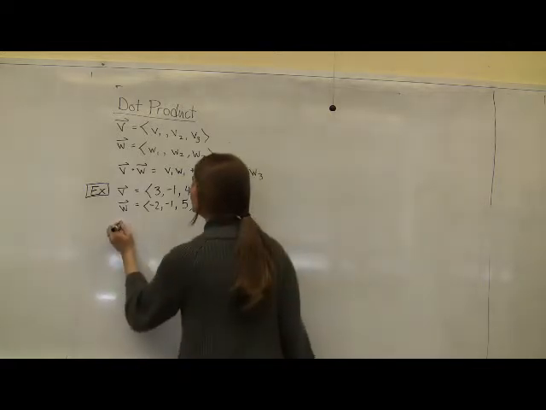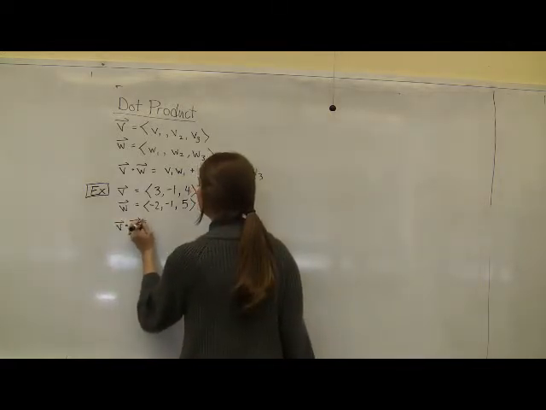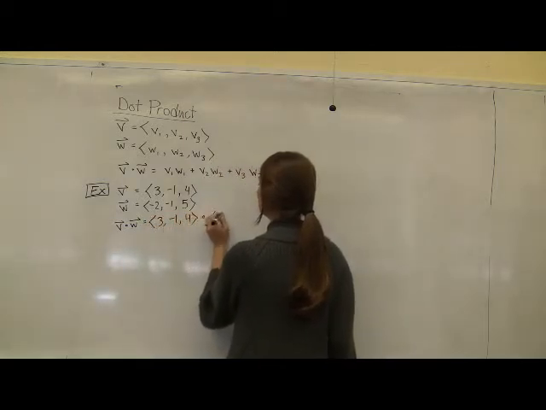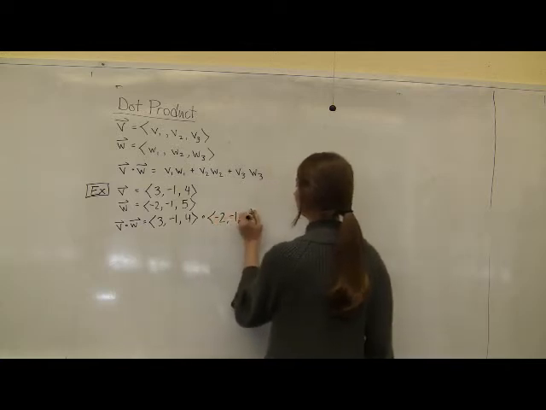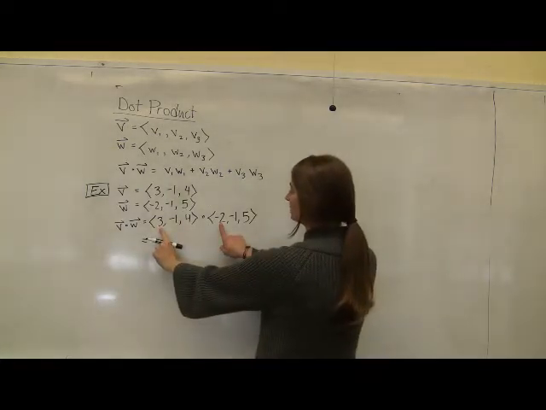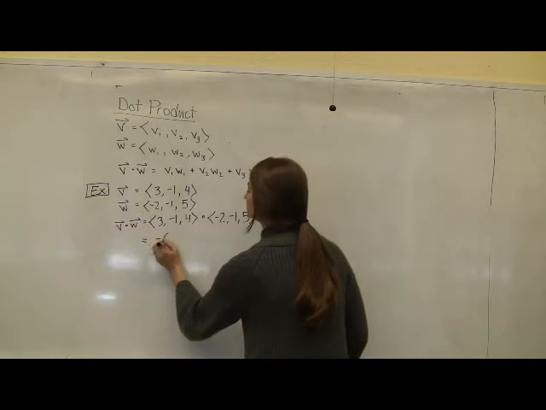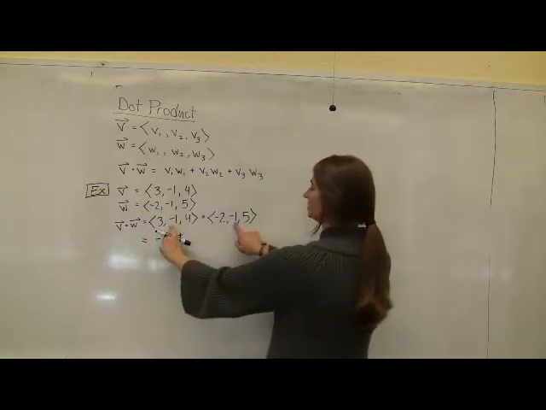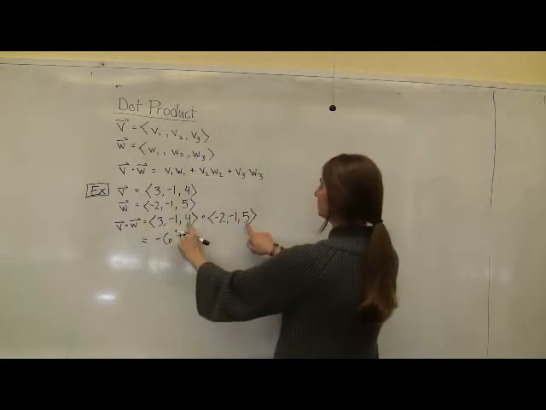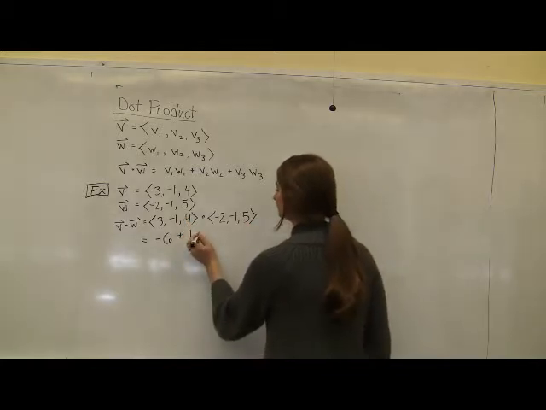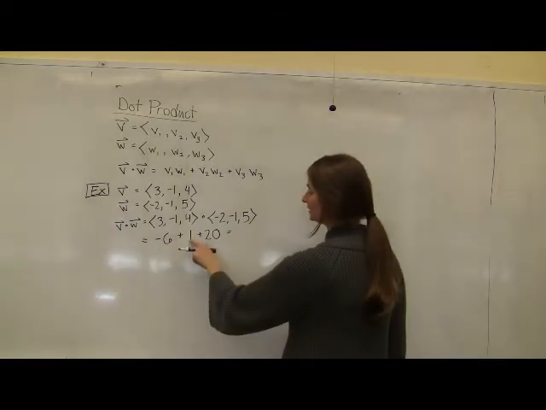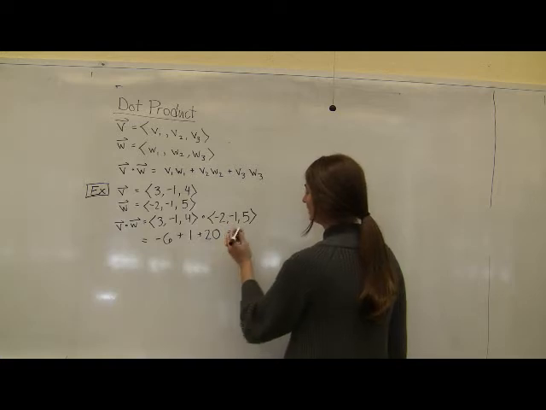Then when I take the dot product, v dotted with w, I can rewrite that as 3, -1, 4 dotted with -2, -1, 5, and I'm going to take the dot product, just as described above, by multiplying the first components together. 3 times -2 gives me -6. Adding the second components multiplied together, -1 times -1 is +1, and then the third components multiplied together, 4 times 5 is 20. And when I add these three things together, I get -6 plus 1 is -5, plus 20 is 15.